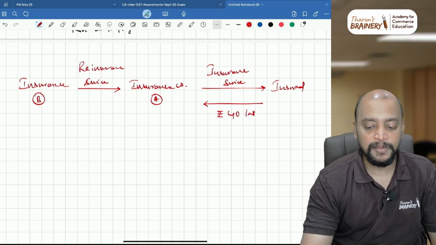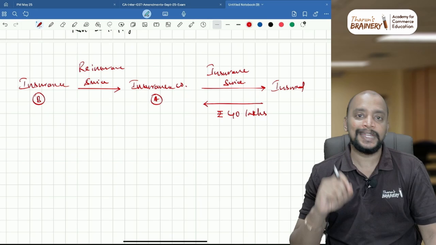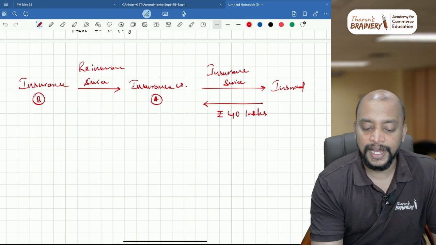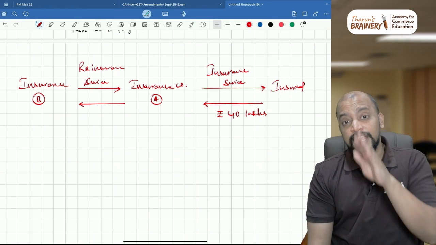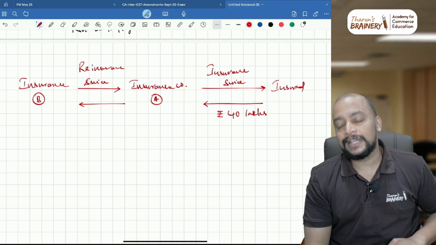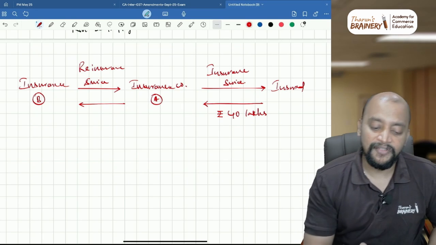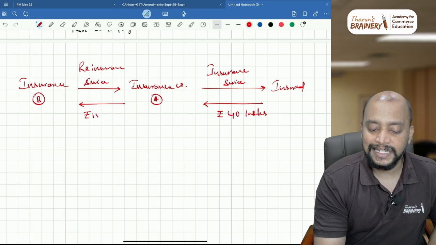What insurance company A is doing is giving the reinsurance company some premium. They are sharing, say for example, 15 lakhs with the reinsurance company.